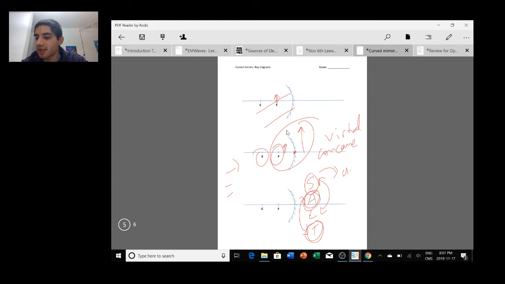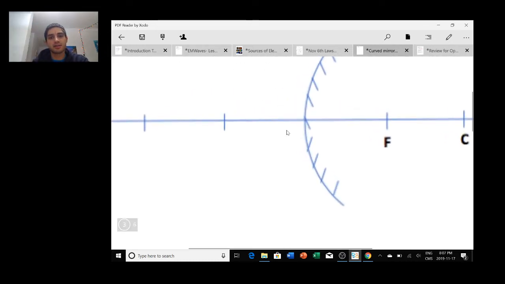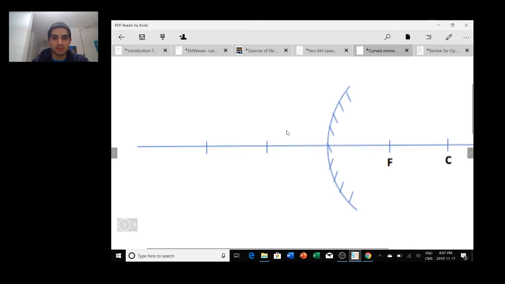Okay, convex mirrors. Let's go to a convex mirror. Oh, I am on curved mirrors. Okay, so for a convex mirror, let's start with an arrow over here.